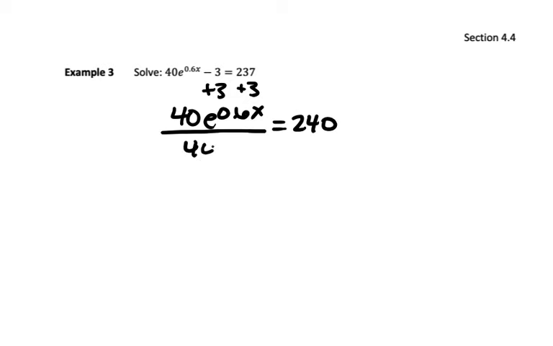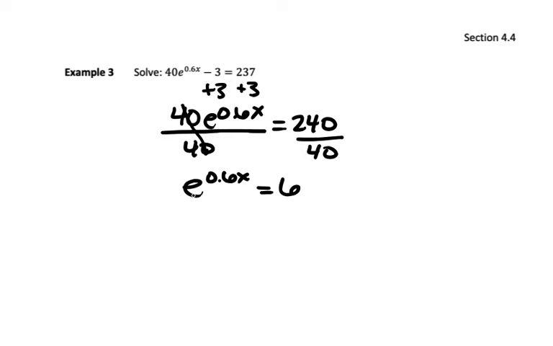First I need to isolate the exponential part of the equation. So add 3 to both sides. 237 plus 3 is 240. And then divide both sides by 40. And I get e to the 0.6x equals 6.